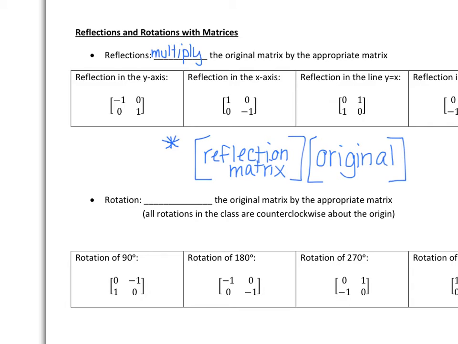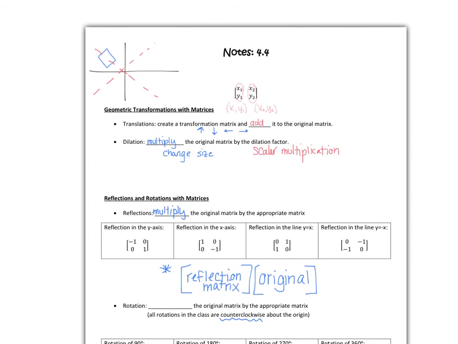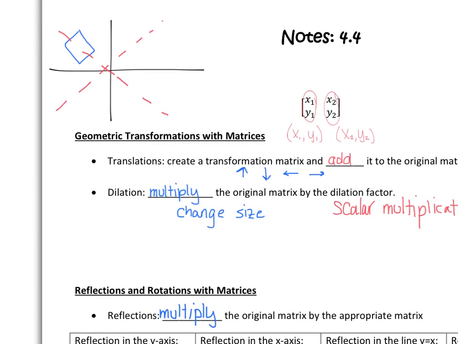Now, that was reflections over axes and lines. The other thing we have is rotations. For rotation, we can either rotate 90 degrees, 180 degrees, 270, or 360. And they're always counterclockwise. That's what we're doing in this class. So if we wanted to rotate this thing 180 degrees, we'd go counterclockwise 180 degrees.